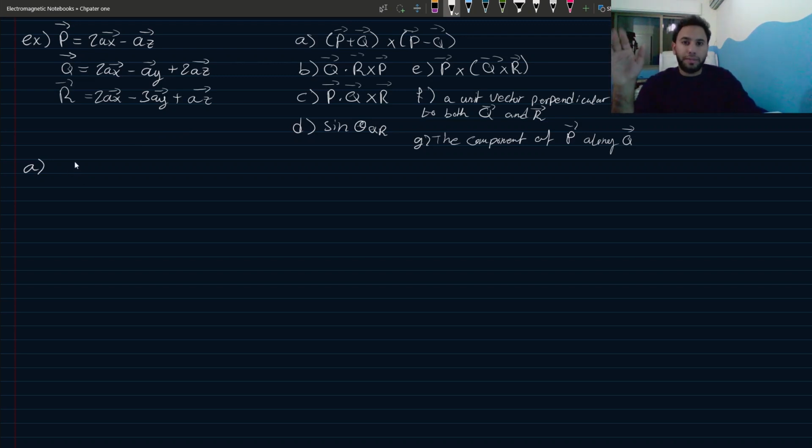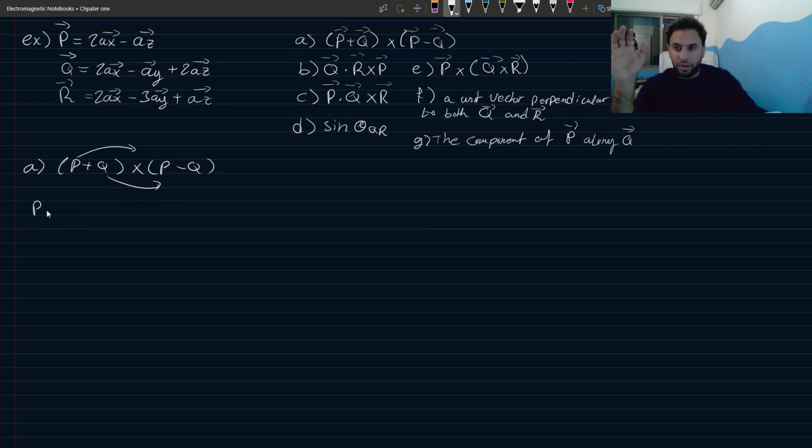Well, luckily, one of the properties of the cross product is that we can distribute the cross product inside the parentheses. So we will distribute P plus Q. We will distribute these vectors onto this parentheses.